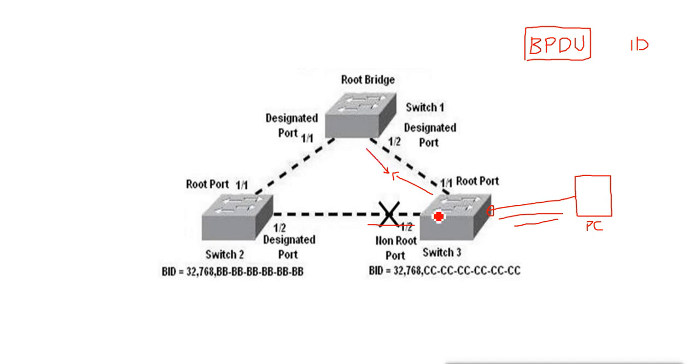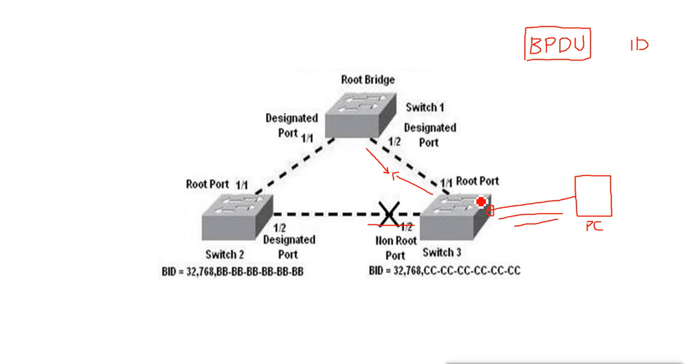So they exchange their BPDUs, and they do it by using multicasting. Multicasting, because they are not doing broadcasting, because they want to get the acknowledgement and reply. So they exchange BPDUs to each other every 2 seconds. Now when the port is in blocking state, it will not send any BPDUs, but still it will listen for BPDUs.